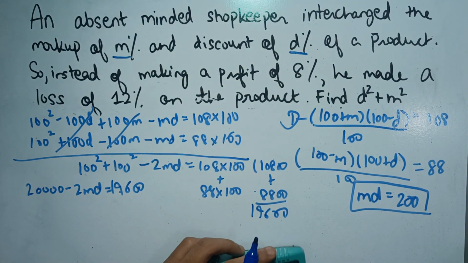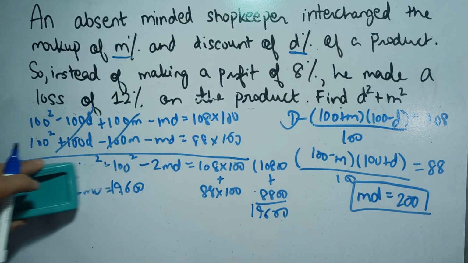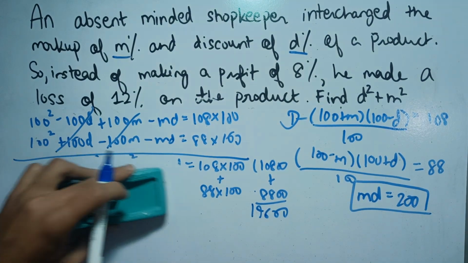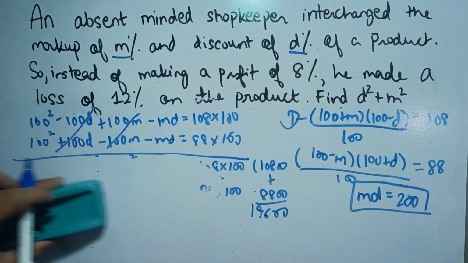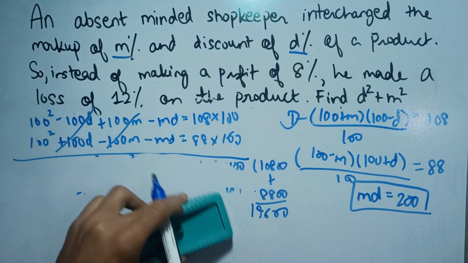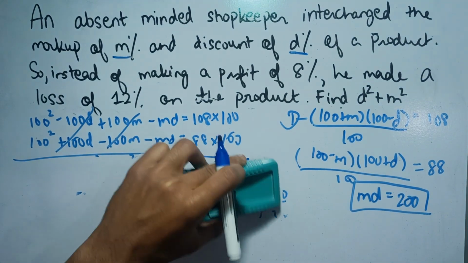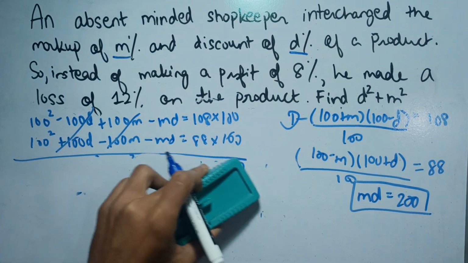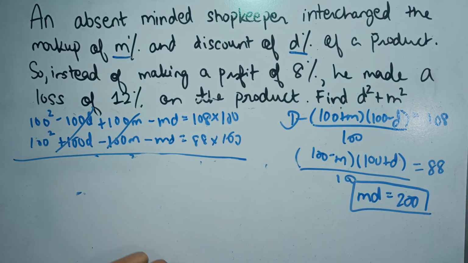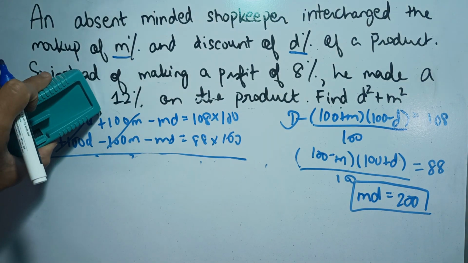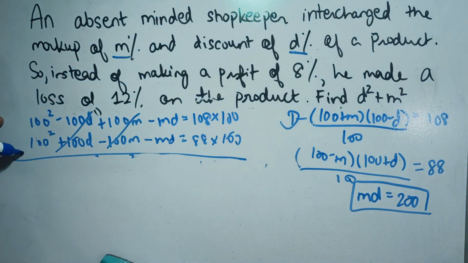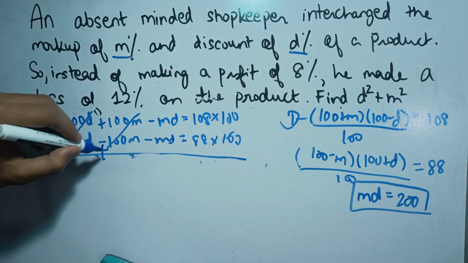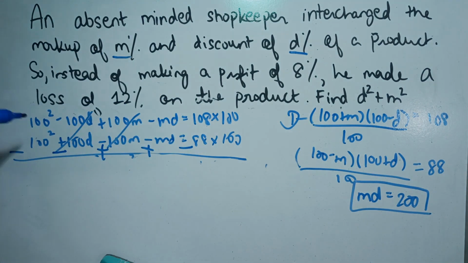Okay, so now we have MD. Let us see what else we can do. We had added, now let's subtract the equation. If we subtract, the sign would change, so this would get cancelled out.